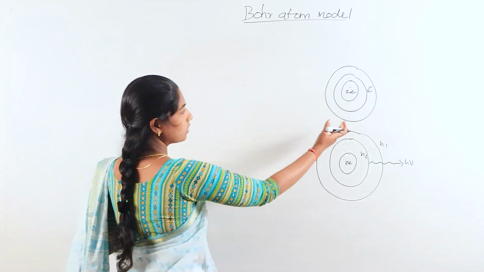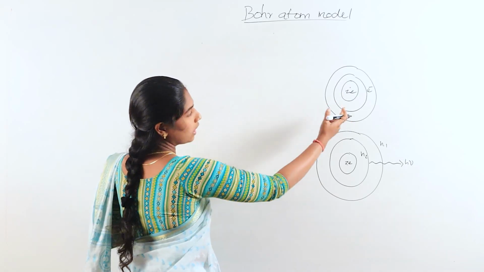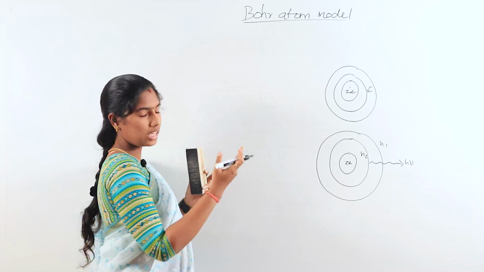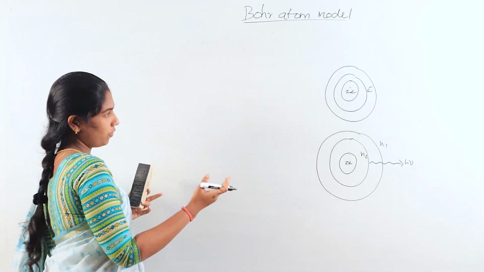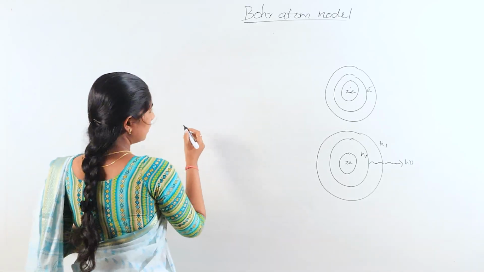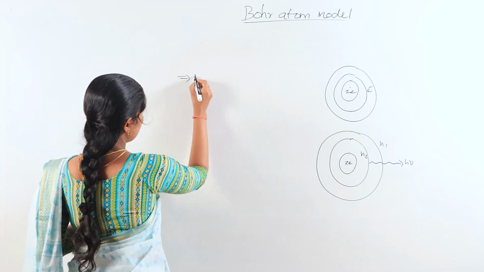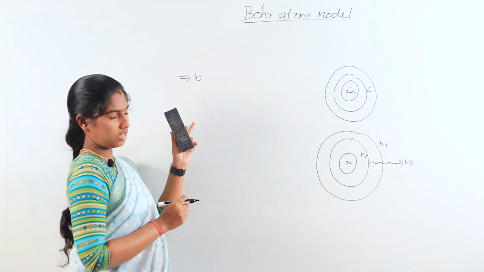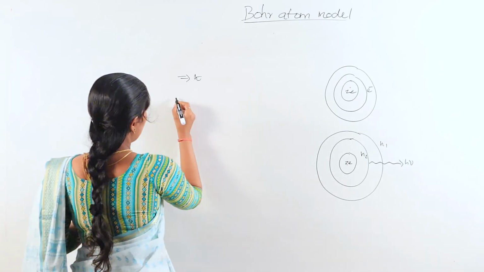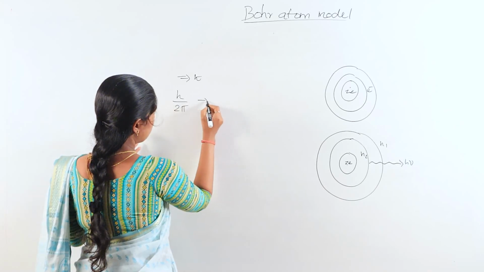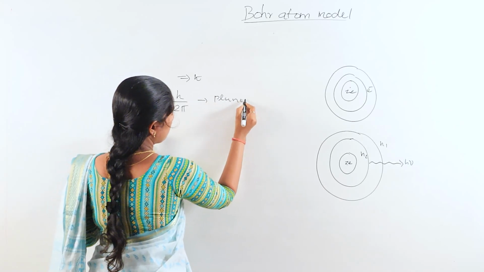See here, an electron can revolve around the permissible orbits for which the angular momentum is an integral multiple of h cross, where h cross is h divided by 2 pi. h is the Planck constant.